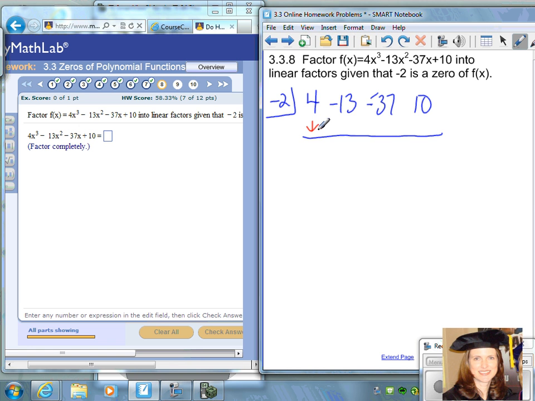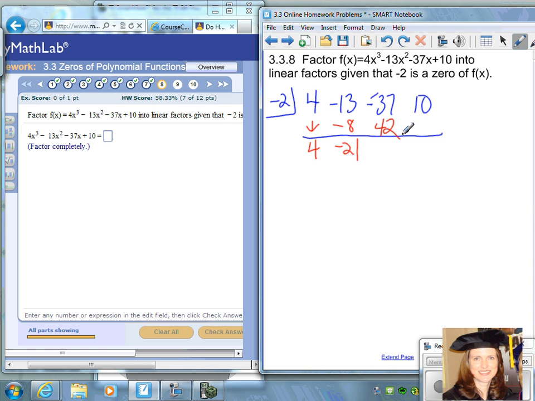Bring down the first coefficient 4, multiply by negative 2 to get negative 8. Negative 13 minus 8 is negative 21 times negative 2 is 42.